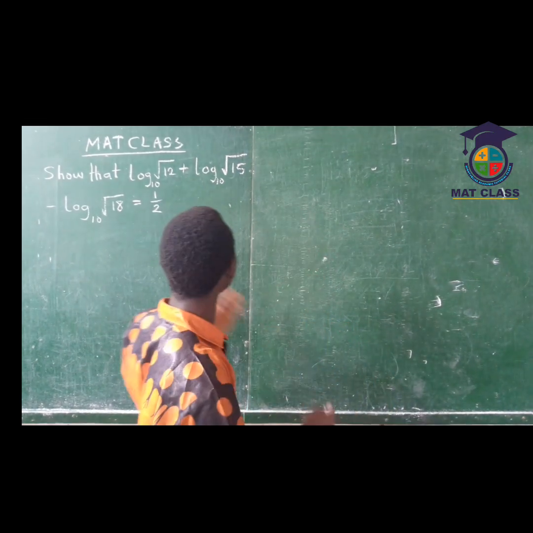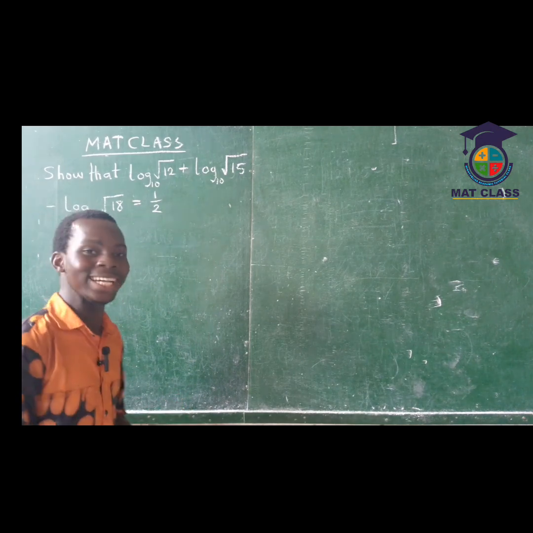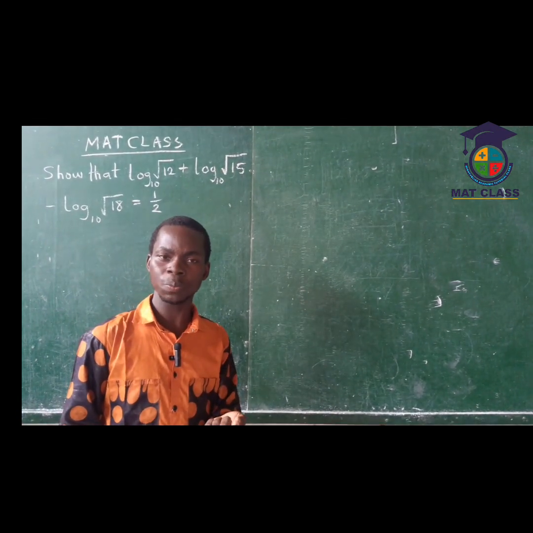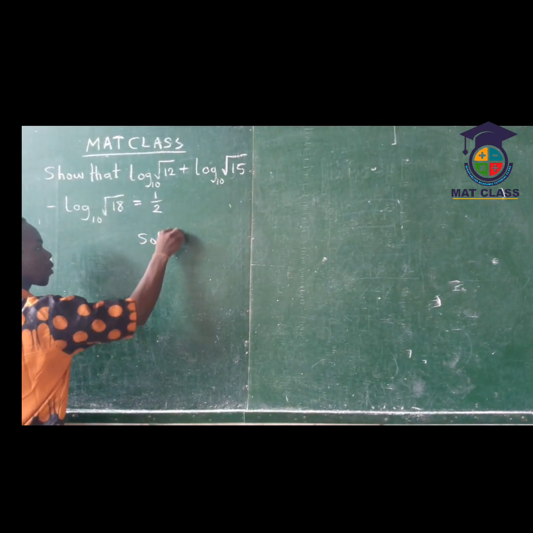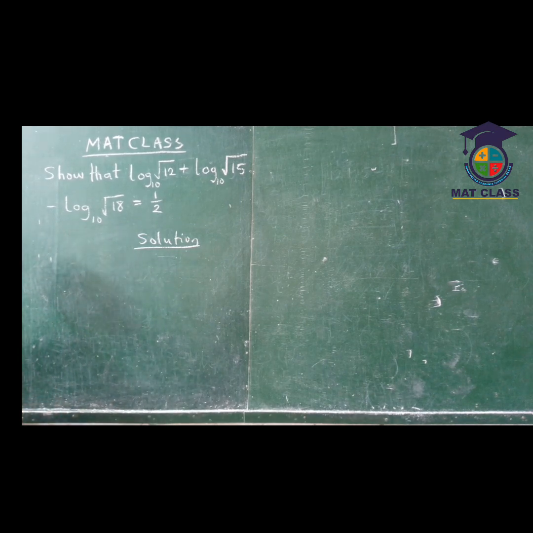Let's start. How do I want to prove this kind of question? All this log that you are looking at, the final answer will give me 1/2. Let's check whether it's correct. Now, solution. What do I want to show?